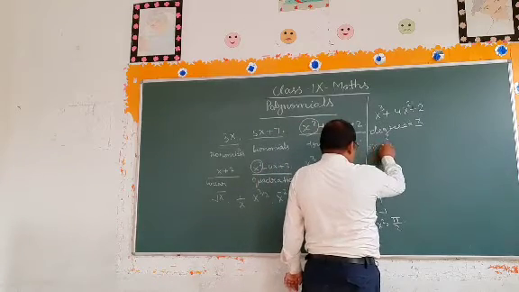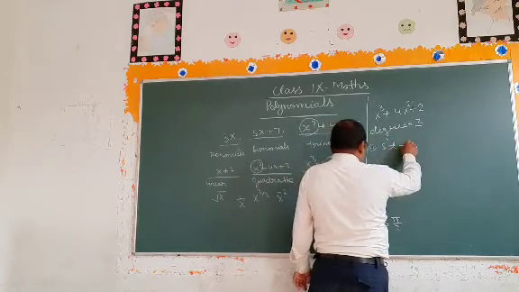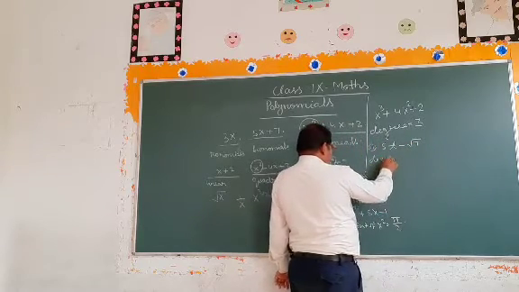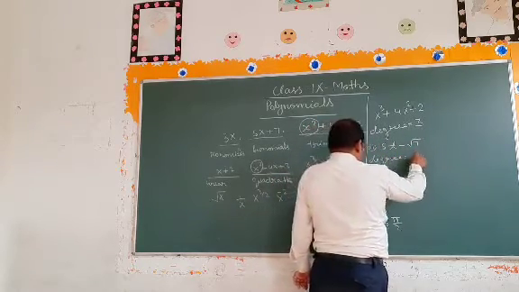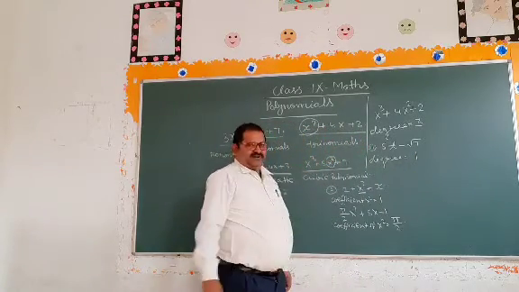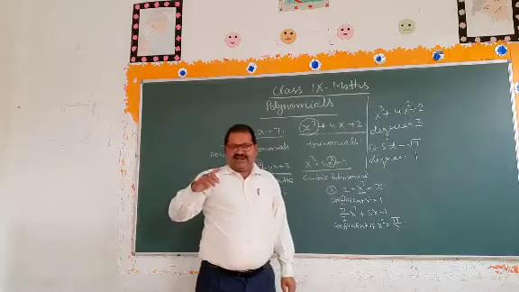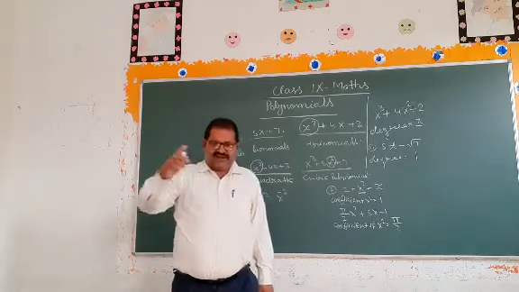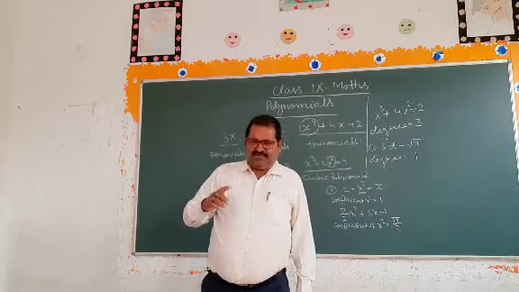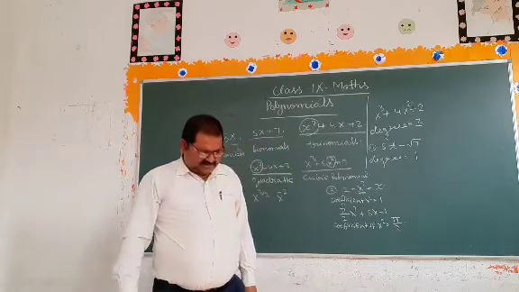Second, 5t minus under root 7. Now the degree is 1, because t has the power 1. The degree decides the power of an expression.